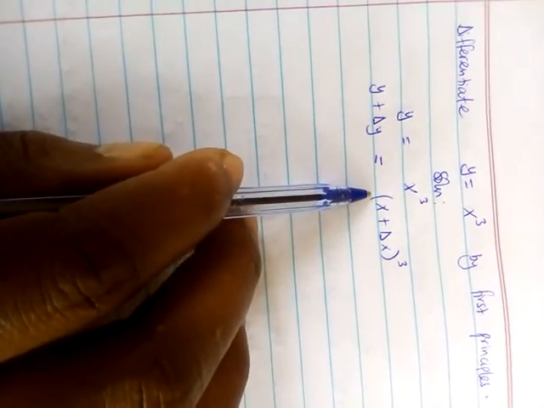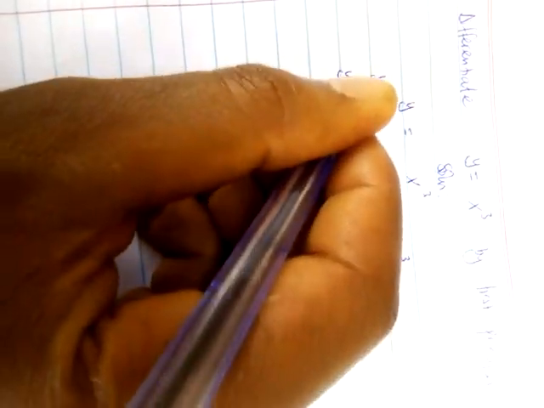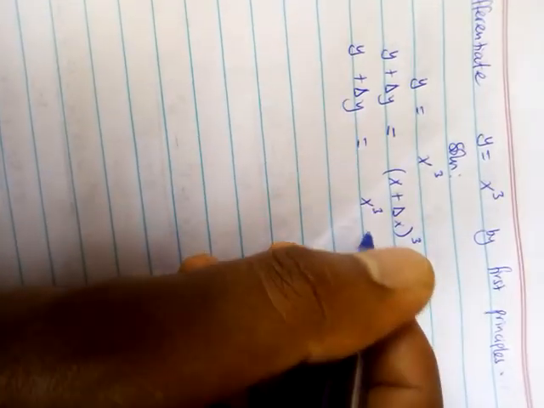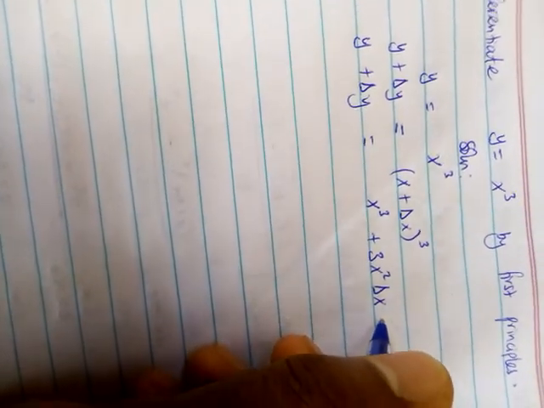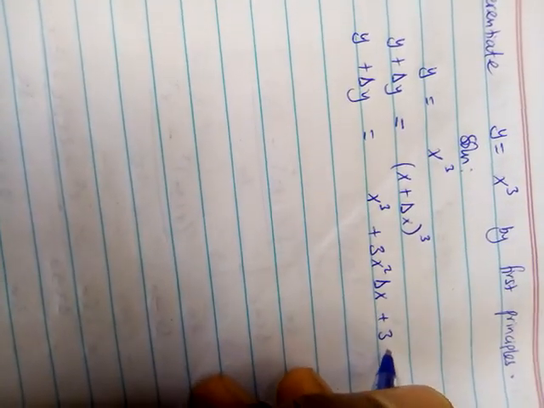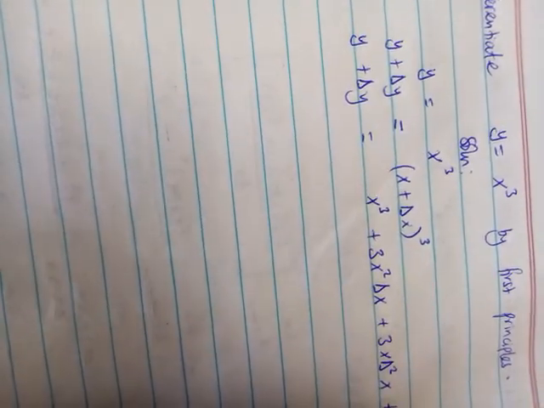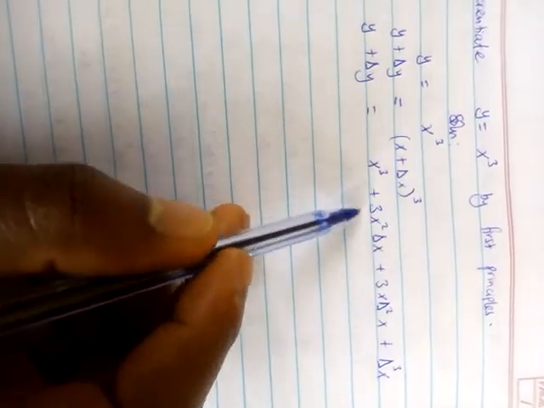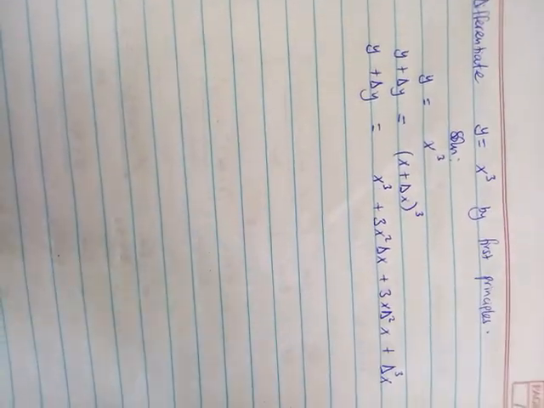If I expand it, I'm going to have y plus a change in y equal to x cubed plus 3x squared change in x, plus 3x change in x squared, plus the change in x cubed.